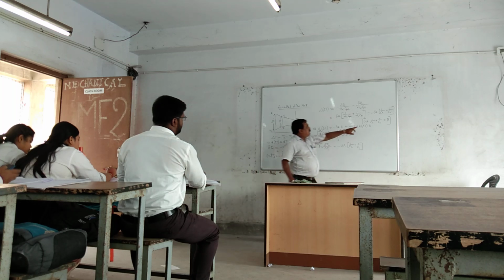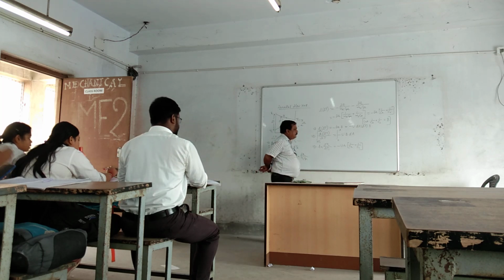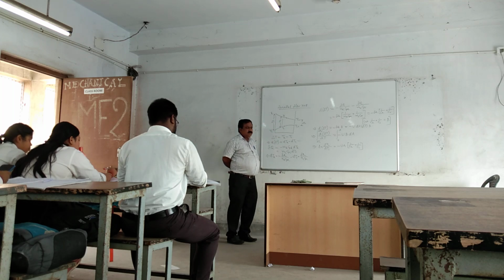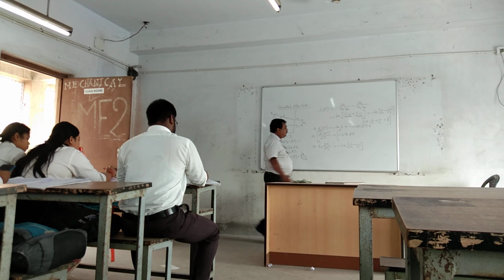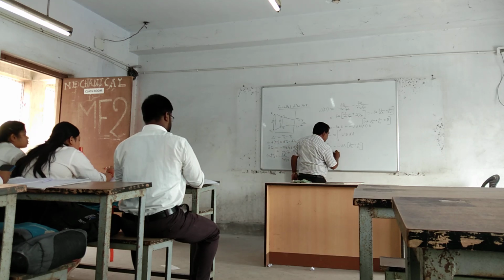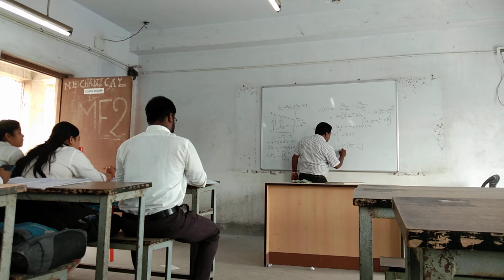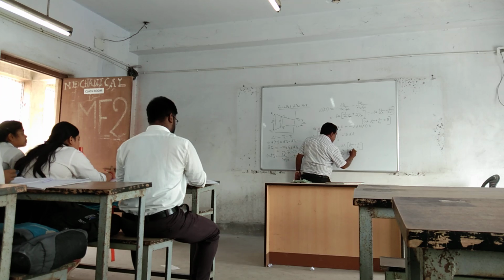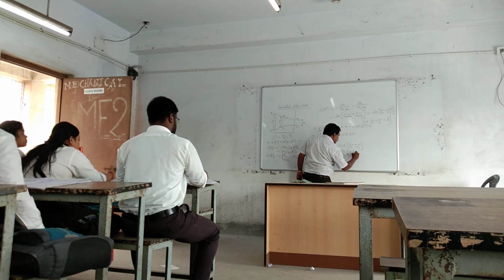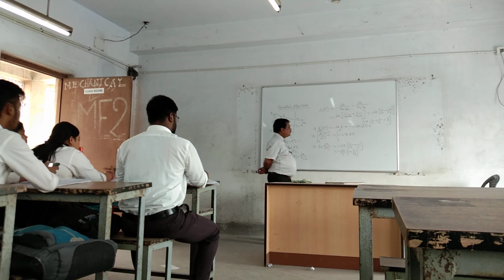B is the value of this. So that is minus UA by CC into 1 plus CC by CH. Can you write this?